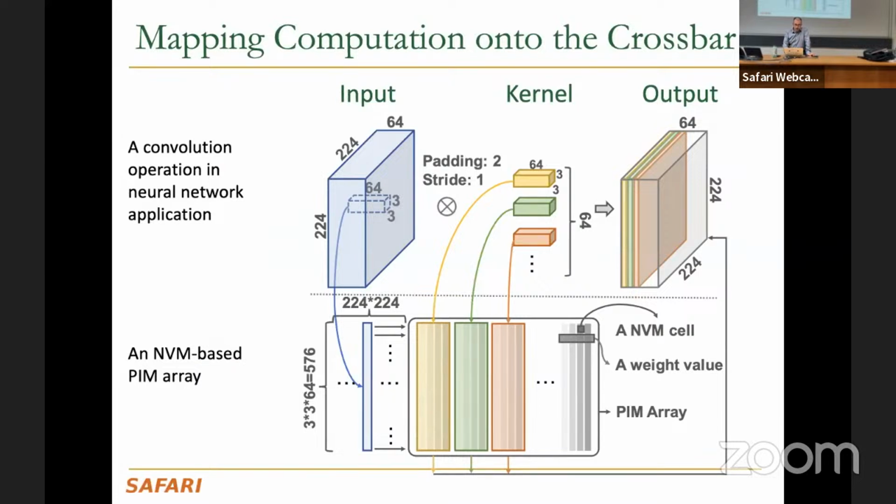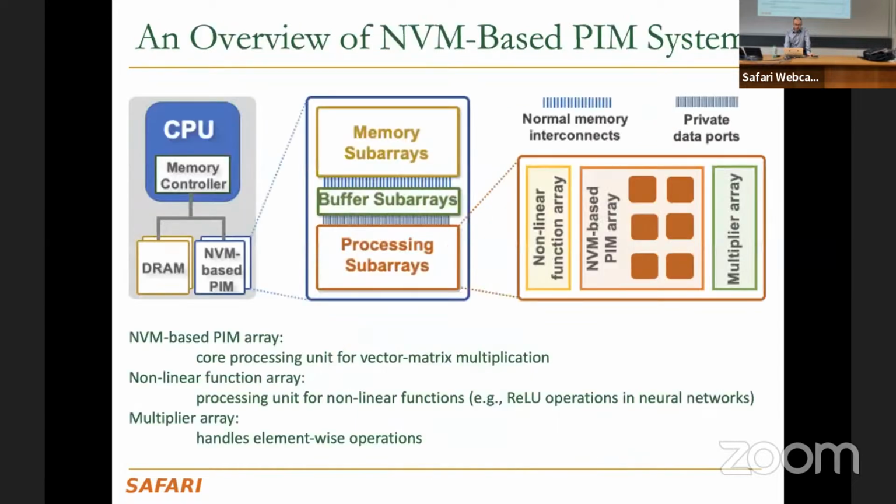So you can use it for doing this operation for a convolutional neural network. But in a convolutional neural network, you don't only do dot products. There are also other layers, like non-linear layers, like ReLU.